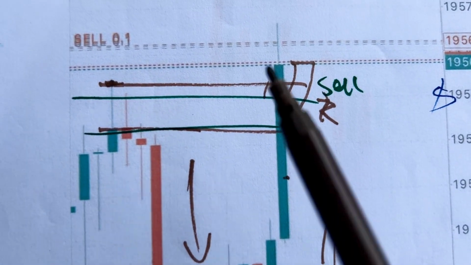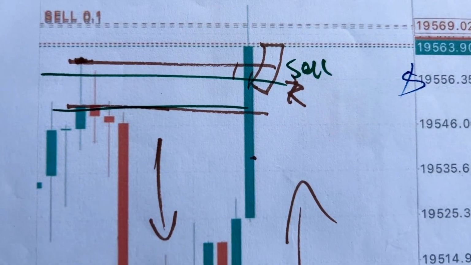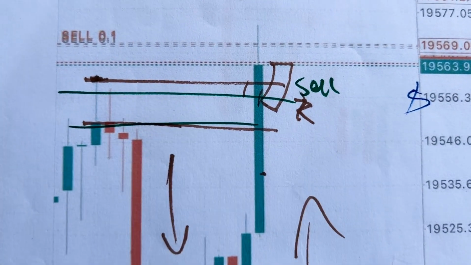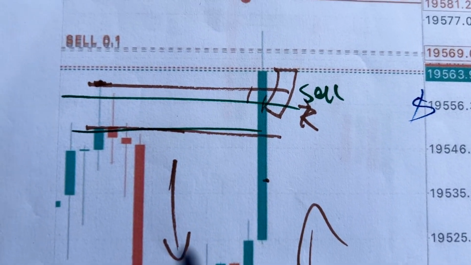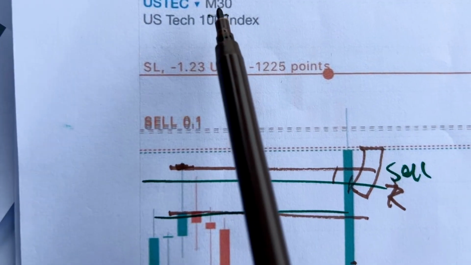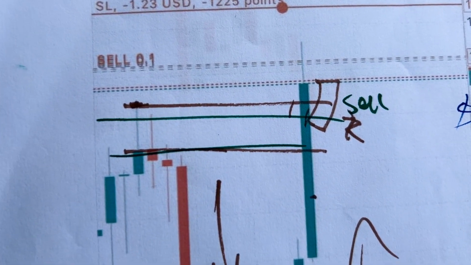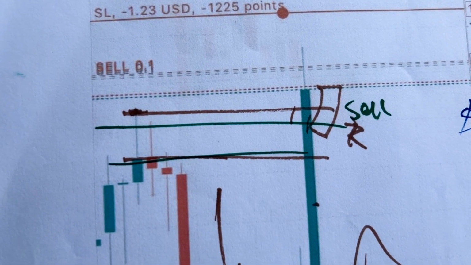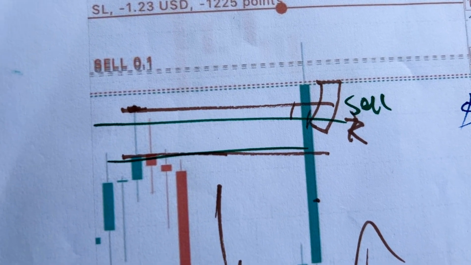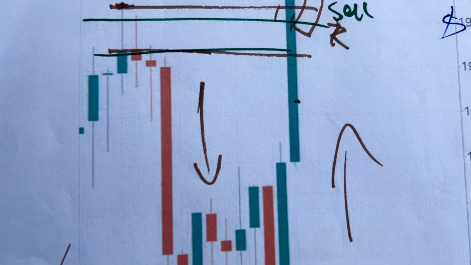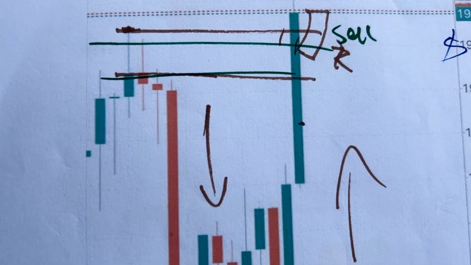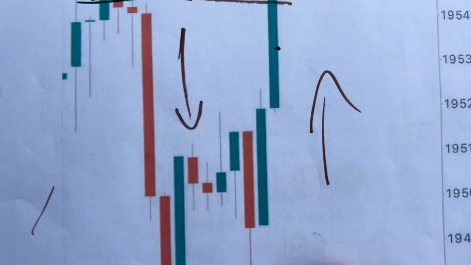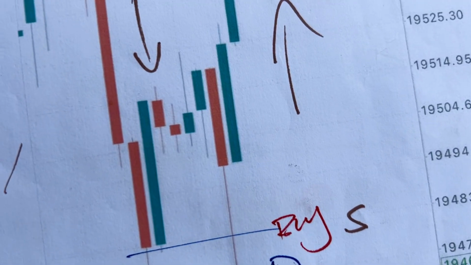So you're looking for selling opportunities here simply because of what? Simply because this candlestick is still active in this time frame of 30 minutes, and you go to a smaller time frame such as 3 minute, 5 minute, 4 minute, depending on the time frame that you actually use at that time. So with that being said, you can add additional candlesticks such as engulfing, morning star, pin bar.